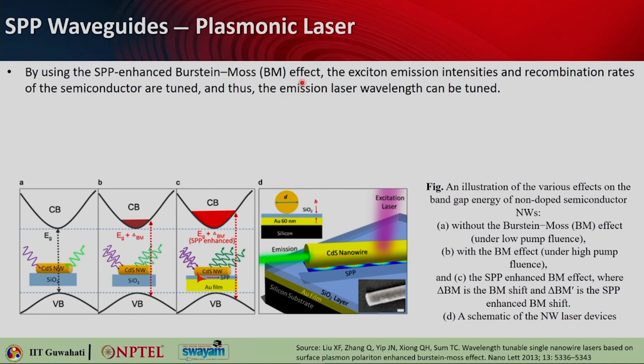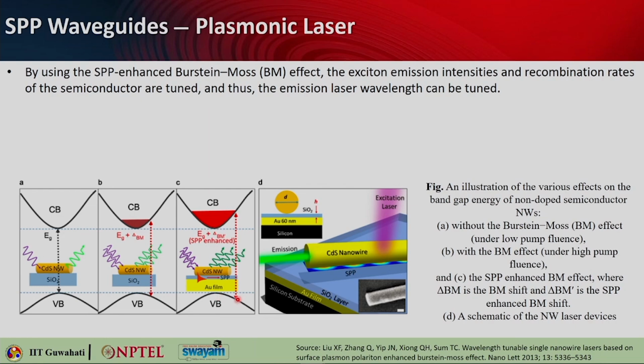The Burstein-Moss effect is basically a phenomenon in which the apparent band gap that you see in a semiconductor is increased as the absorption edge is pushed higher, because some lower states are being populated.